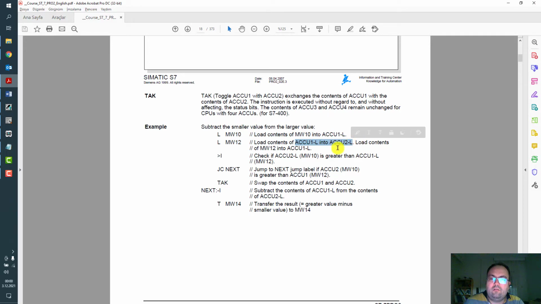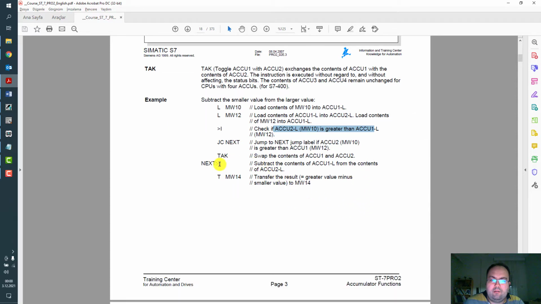Then load contents of memory word 12 into accumulator 1, lower integer, because 32 bits. Check if AQ2 is greater than AQ1, jump conditional next, and subtract contents, transfer the result.